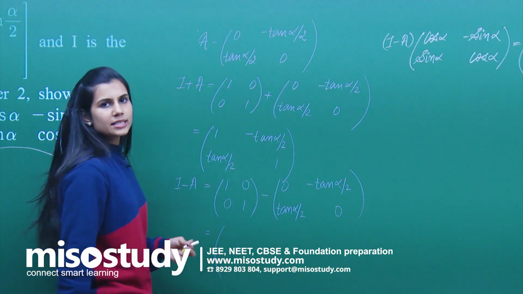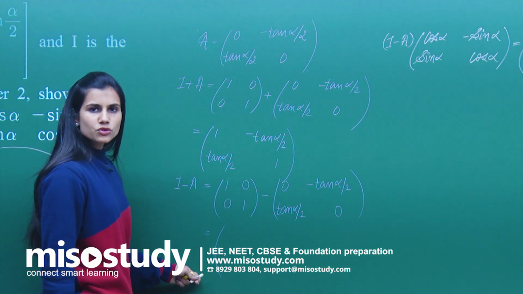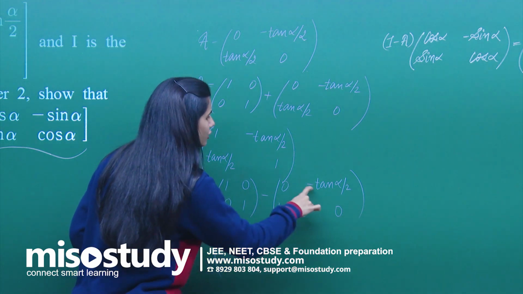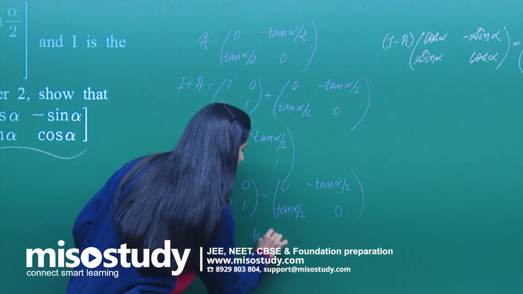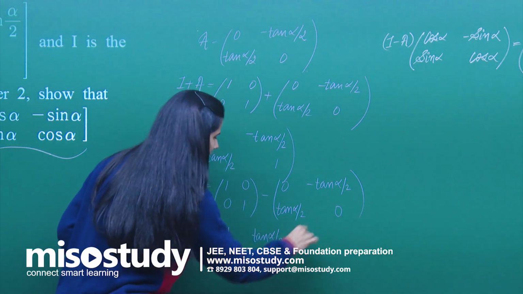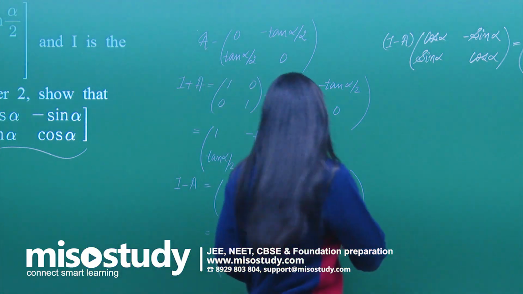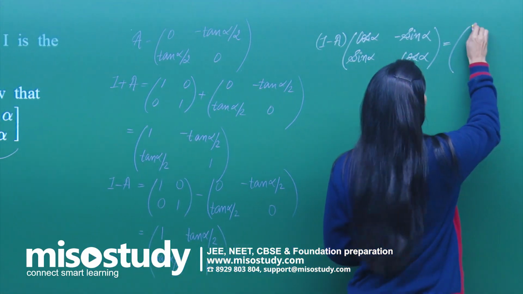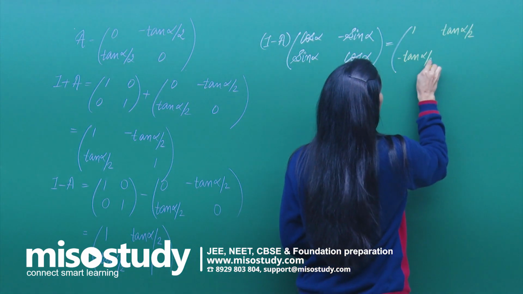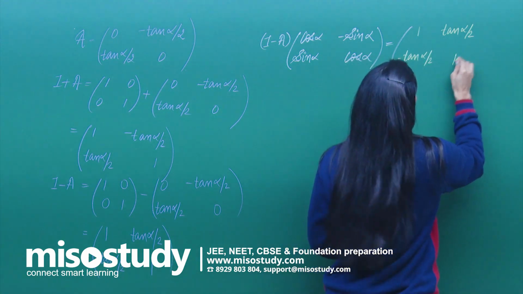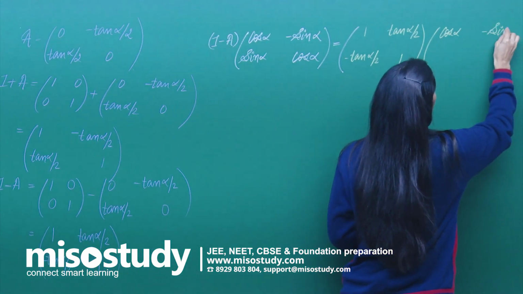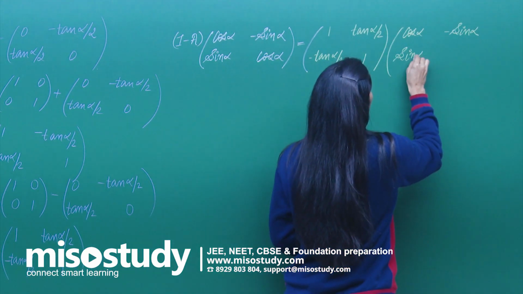So two matrices are subtracted, resulting in a matrix of order 2 cross 2, which is obtained when you subtract the corresponding entries. So 1 minus 0 gives you 1, 0 minus tan alpha by 2 gives you minus tan alpha by 2, 0 minus tan alpha by 2 gives you tan alpha by 2, and 1 minus 0 gives you 1. So your I minus A is 1, tan alpha by 2, minus tan alpha by 2 and again 1, multiplied with cos alpha, minus sin alpha, sin alpha, cos alpha.